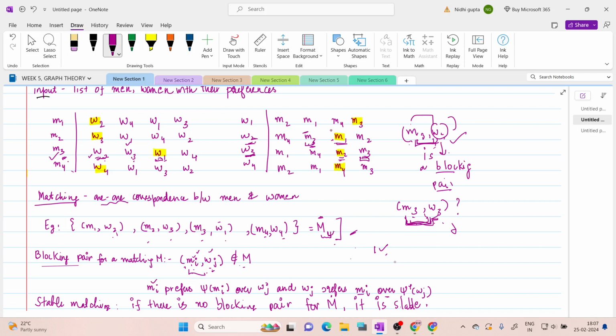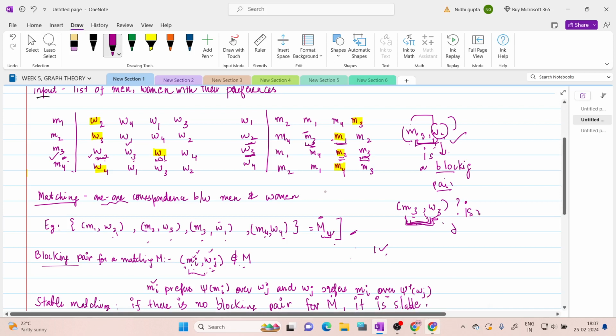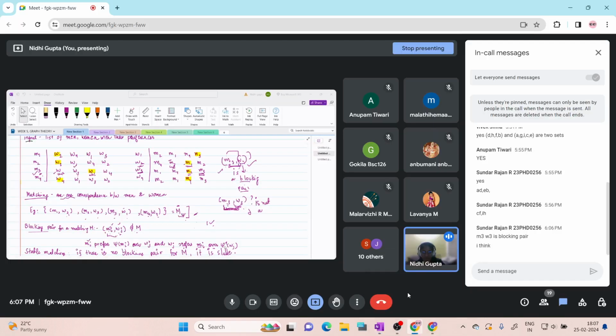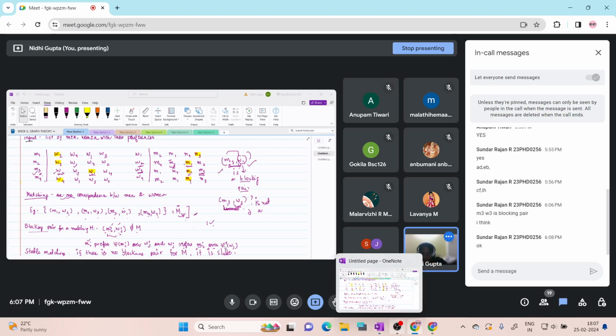But M3 W2 is a blocking pair. Did everyone understand the definition of blocking pair? Okay, we'll look at one more example.